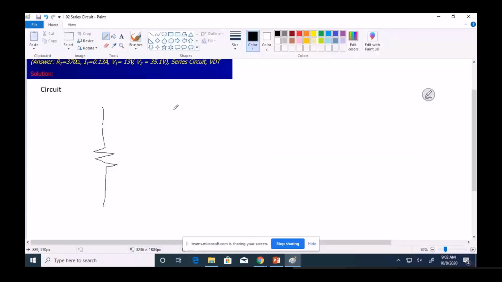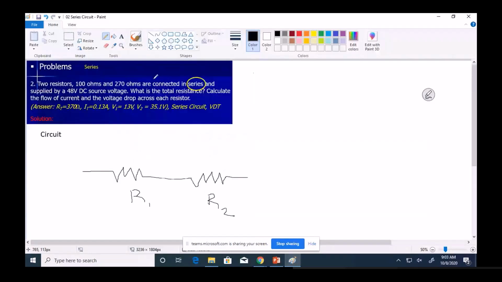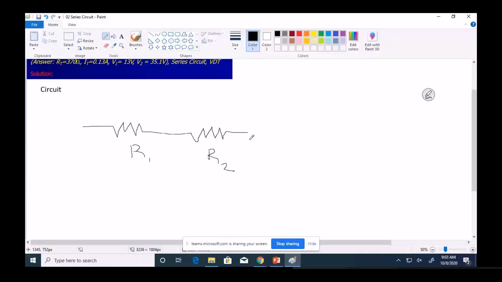This is R1, this is R2 in series, and supplied by a 48 volts DC source. So you have to connect this to a DC source, connect that with the battery.